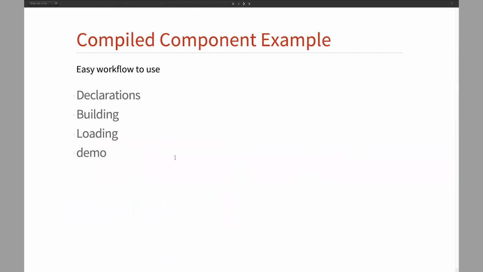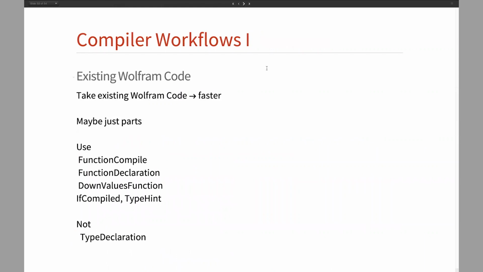So I'm just going to run through some workflows that we're trying to support. These are potential workflows that might be relevant to Wolfram users, Mathematica users. One workflow, which might be relevant to quite a lot of people attending the conference, is just working with existing Wolfram code, taking existing Wolfram code and making it faster. It might not be the whole thing.